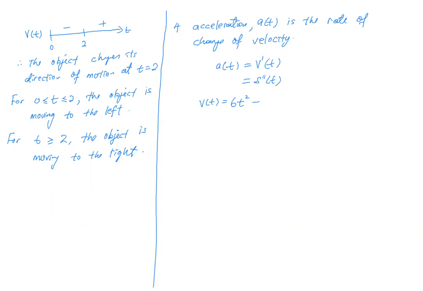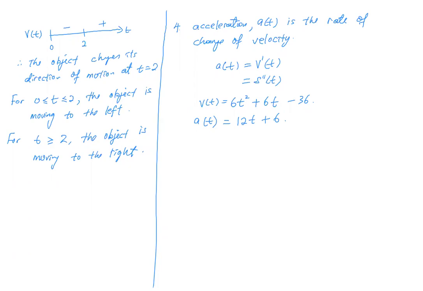Can someone give me the answer? Plus 60 minus 36, correct? Okay, so you want to find the acceleration, you have to differentiate the velocity. So you have 12t plus 6. Now for this case, actually the acceleration is always positive. Why?